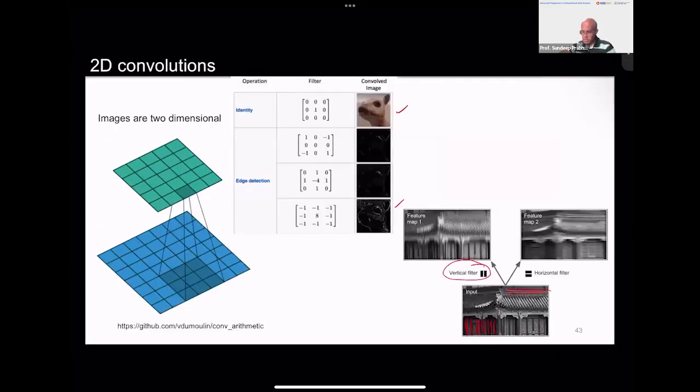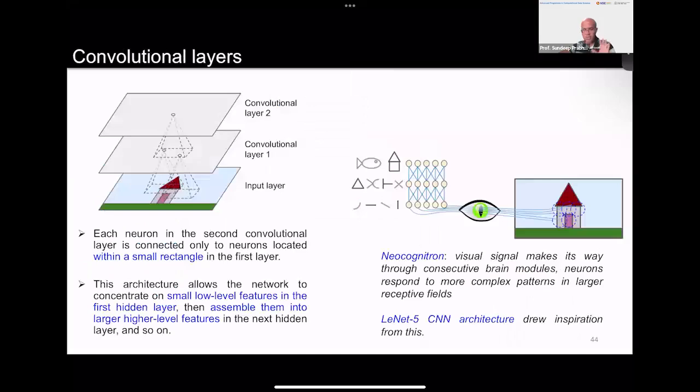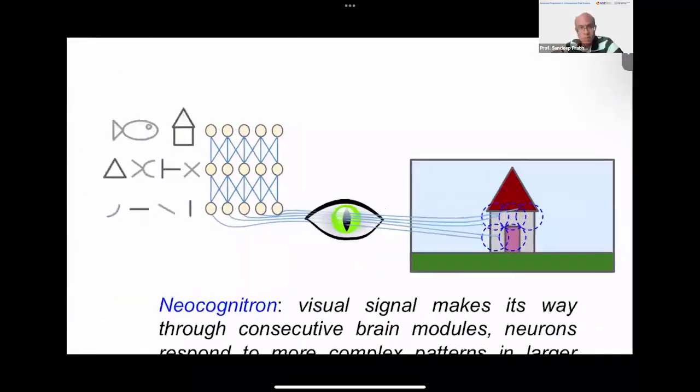Okay, so many feature maps are required. Why is that so? That is because, again, drawing inspiration from nature, that is how we process images. This is again a very nice illustration of what is going on.